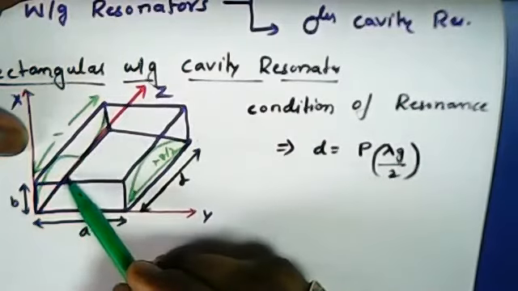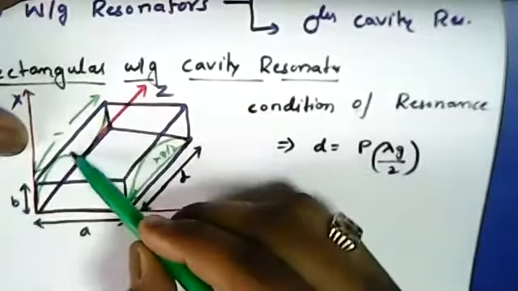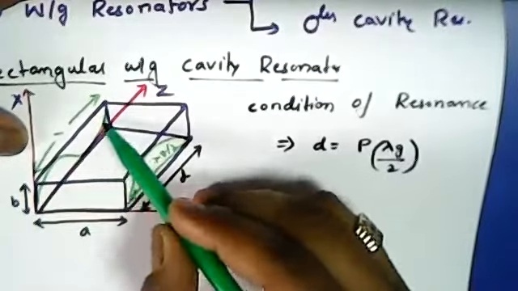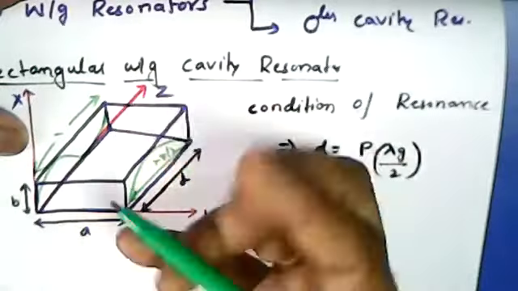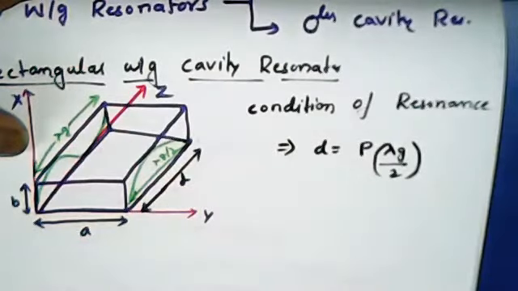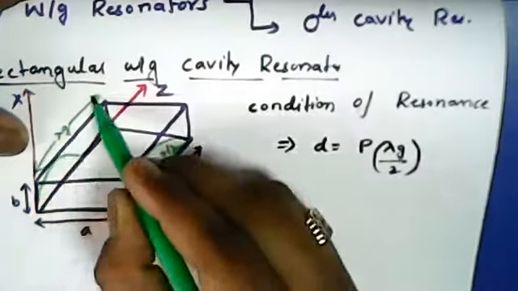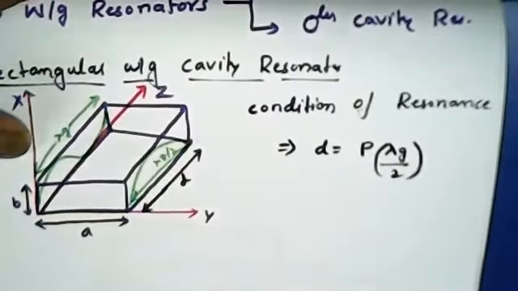Totally how many lambda G by 2s are there? There are 2 lambda G by 2. It is one lambda G by 2, and another lambda G by 2. So there are 2 lambda G by 2s, and this is taken as lambda G. And there is one more thing we have.